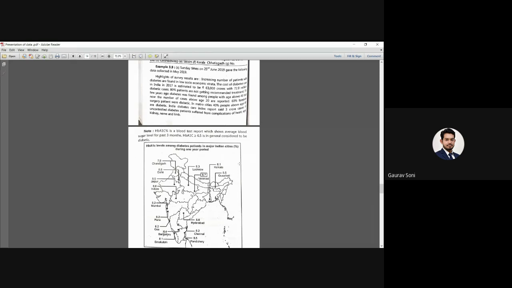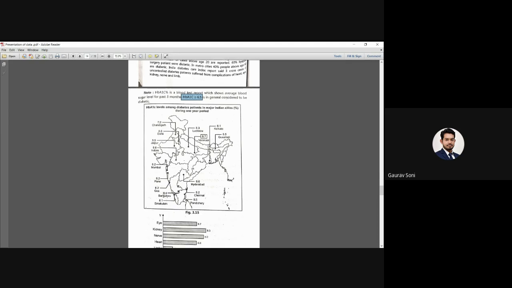So this you have to remember. If HbA1c is greater than or equal to 6.5, then it is considered to be diabetic. Okay, so we have the states here and major Indian cities during a 1 year period.